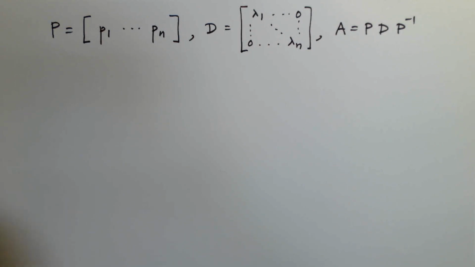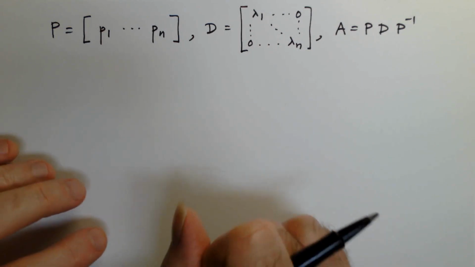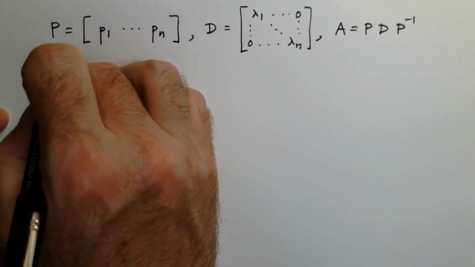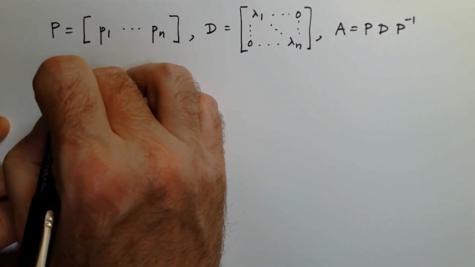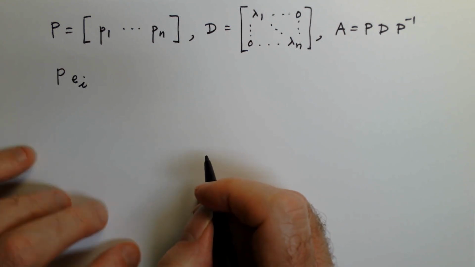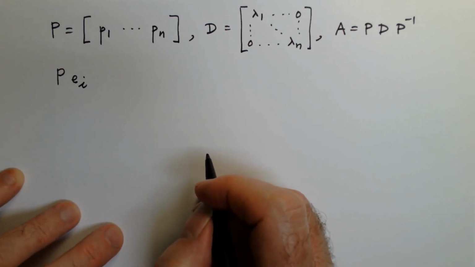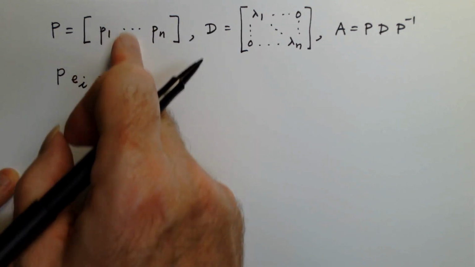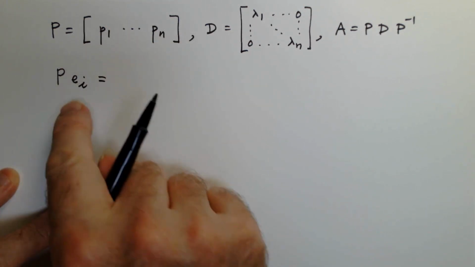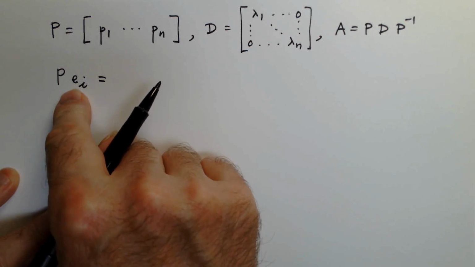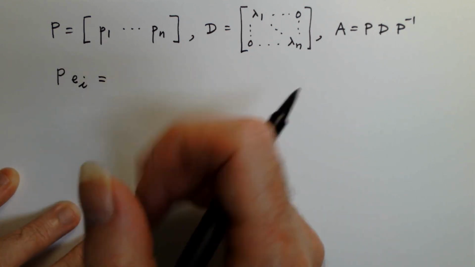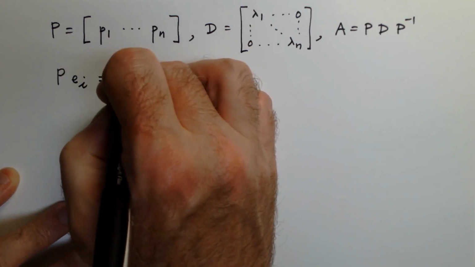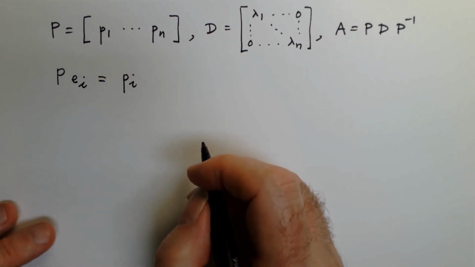Now, to get started, what we really need to understand is this relationship, and this is very simple. When I take the matrix P and I multiply it by the ith unit direction vector in Rn, we know what that's going to do. That's going to pull out the ith column of the matrix P. So P times the ith unit vector in Rn is going to give me the ith column of P, P sub i.